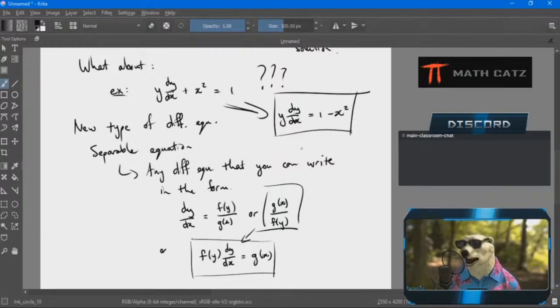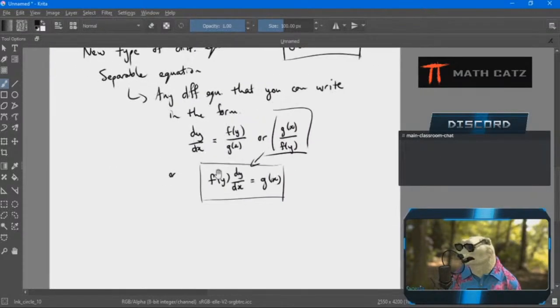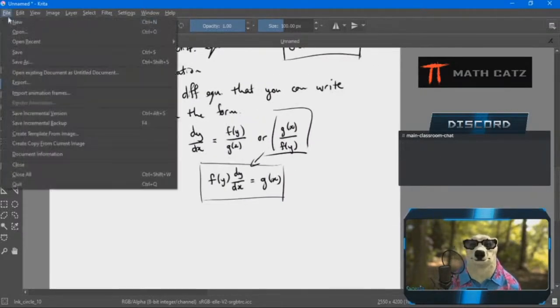So we want to level up our ability to solve differential equations by looking at more complicated differential equations like this. And that's the only type we are going to look at. Now, for these kinds of equations, we have a very convenient method to help us figure out what the solution is. Let me just make a new page.